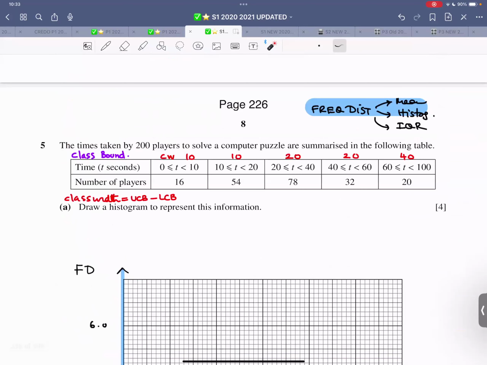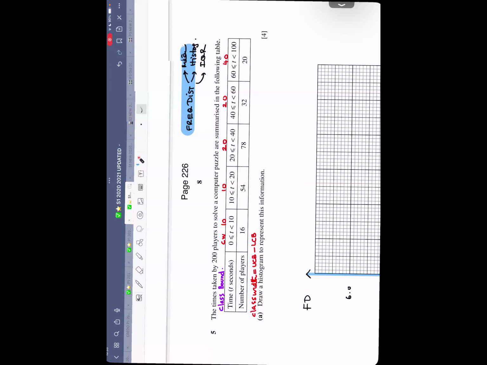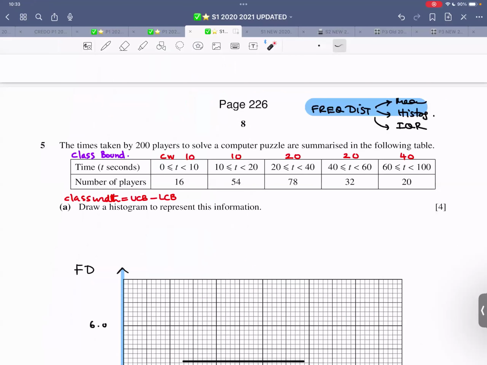Now in a histogram, the very first thing that we look for is whether it is of equal class width or unequal class width. First of all, what do you observe? You observe that it is of unequal class width. That is the first thing. So for unequal class width, we have to apply the concept of frequency density.